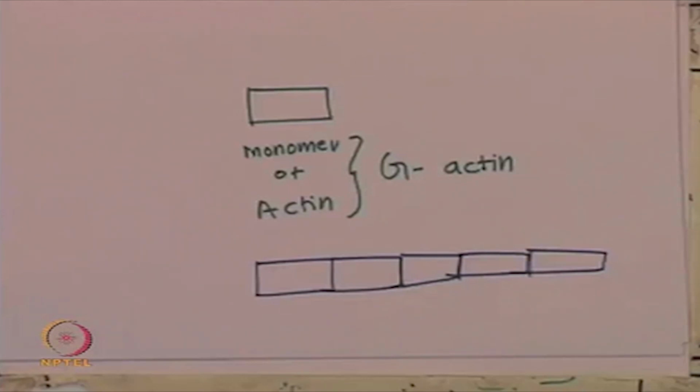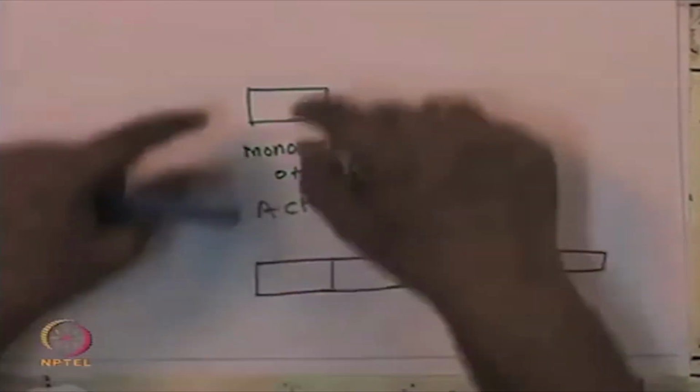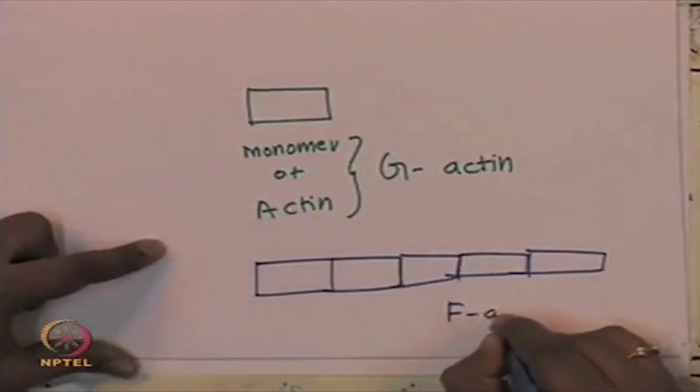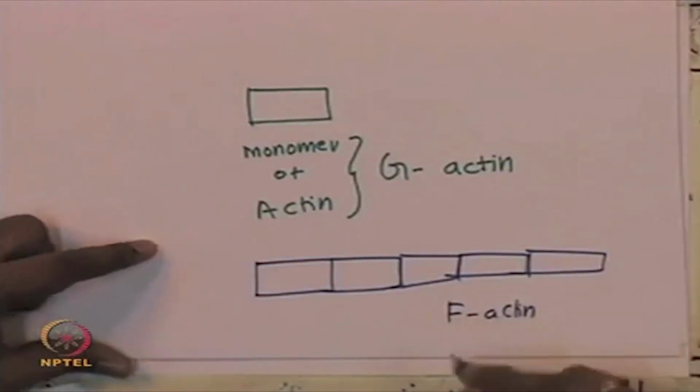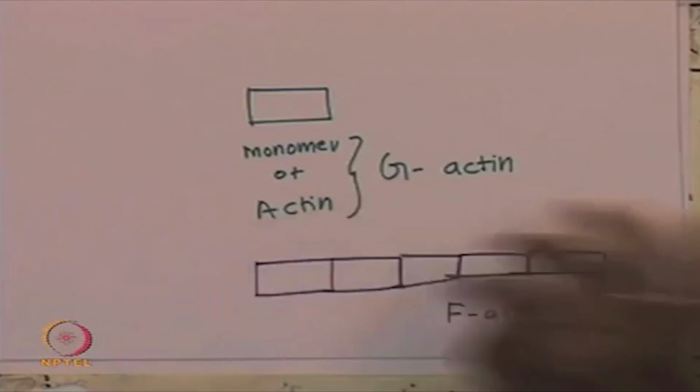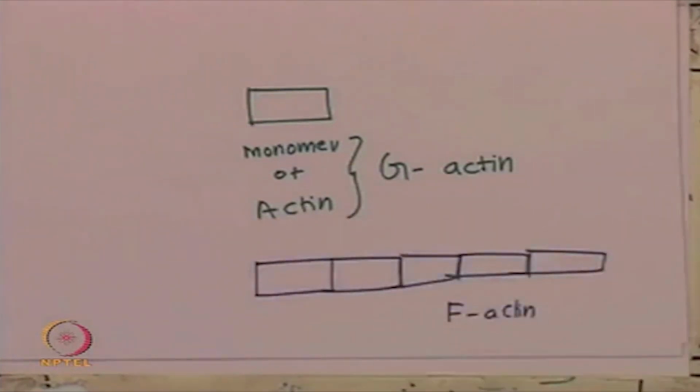So, we are going to understand this process of polymerization. This G actin becomes F actin. This is called F actin because it is filamentous actin, it is a filament. We are going to use the idea of derivatives, the idea of calculus and functions we learned, to understand something about this process.